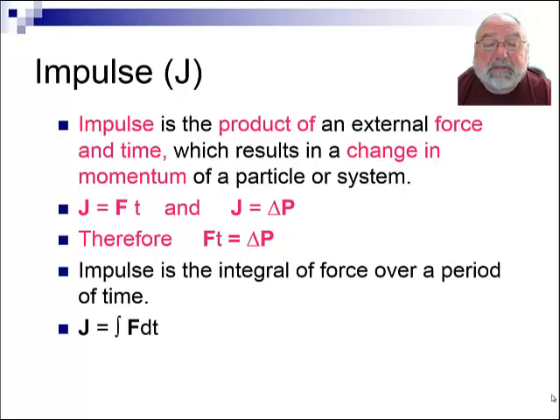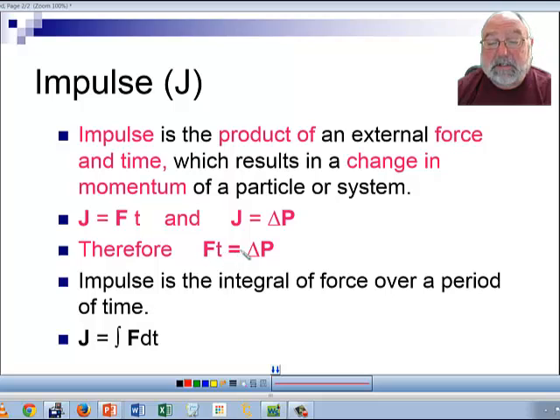Okay, so therefore F times T is equal to delta P, which is equal to M delta V. Making the assumption here that mass doesn't change. That's not required. Mass can change, but for most of the problems we're going to deal with, it's going to be the velocity that's changing.